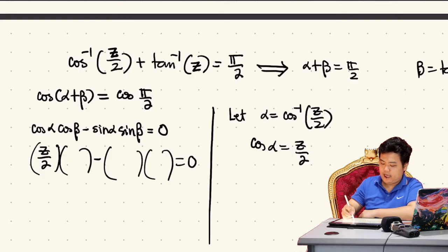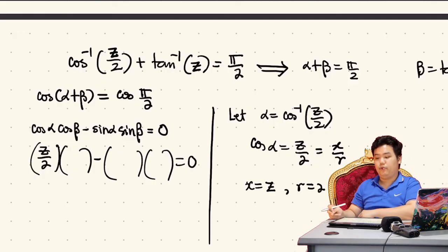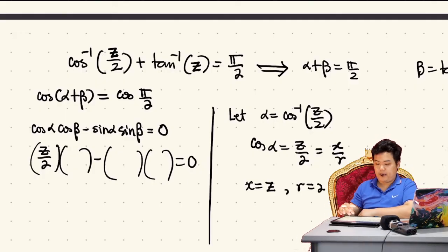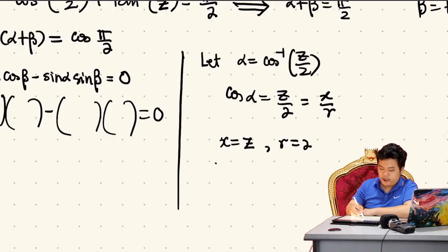Okay, cosine alpha is x over r. So, x is z, r is 2, kasi ang radius natin ay positive. So, x square plus y square is equal to r square.